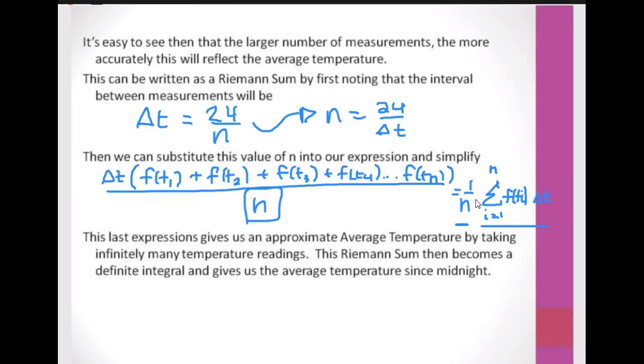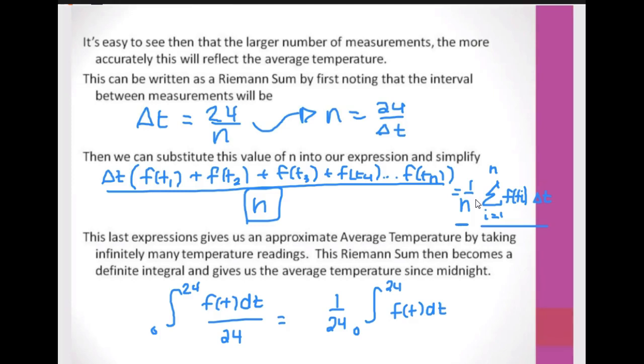In the case of this example, if we want the average temperature over a 24-hour time period, that's like the integral from 0 to 24 of f of t dt. That would be the sum of all the temperatures in the 24-hour time period, and if I wanted to find its average, then I would divide that by 24. Or we know you can factor out a constant, so it's 1 over 24 times the integral from 0 to 24 of f of t dt.